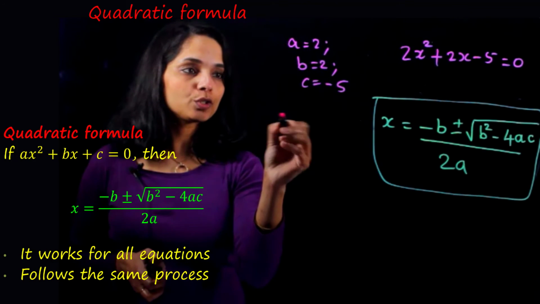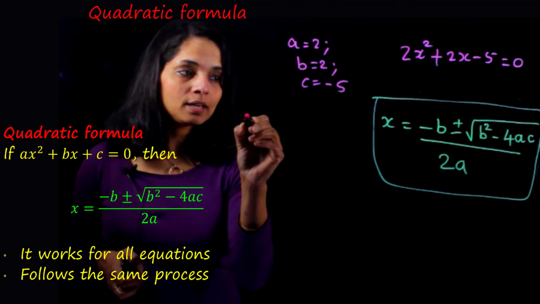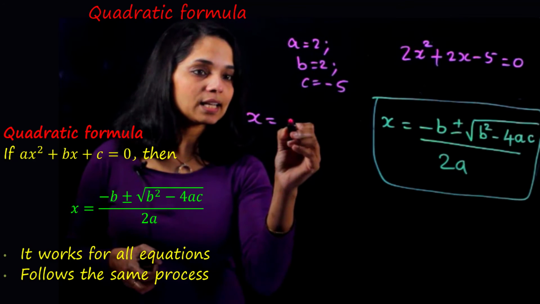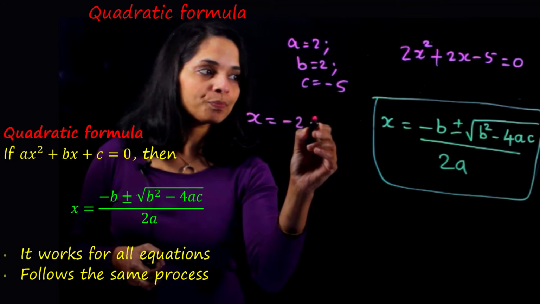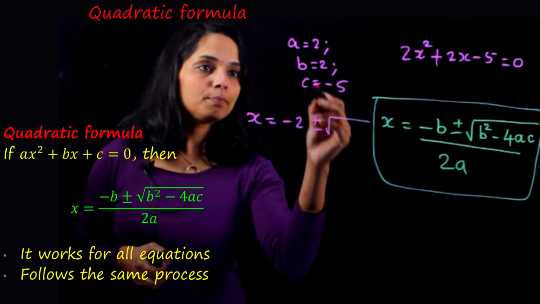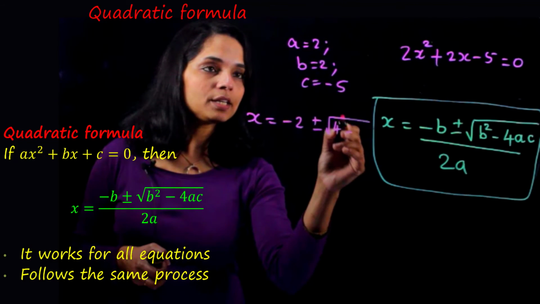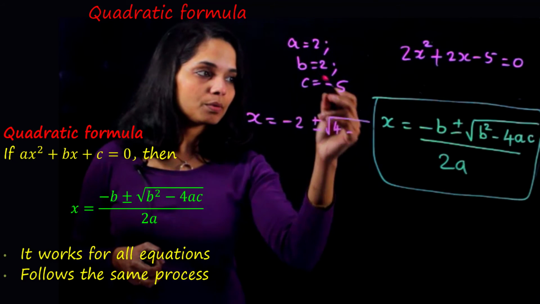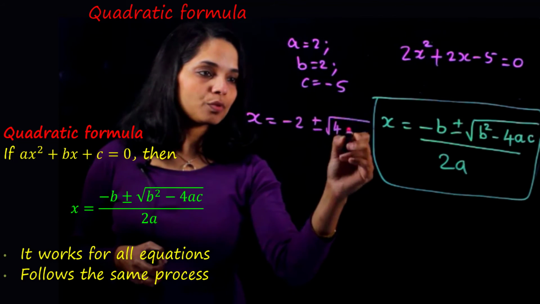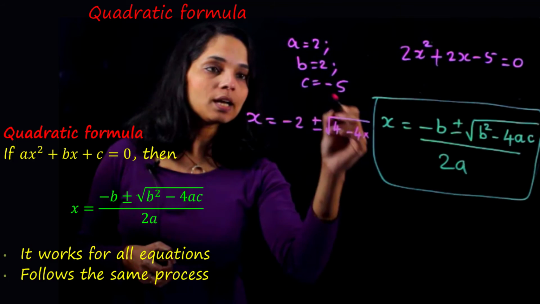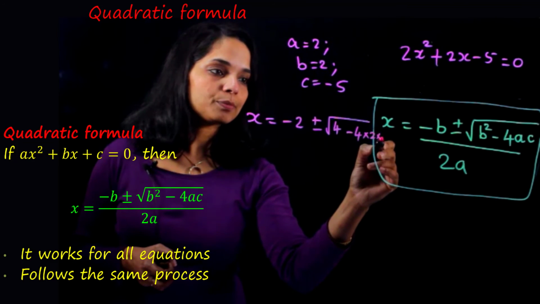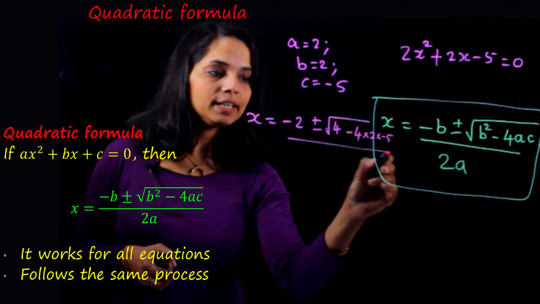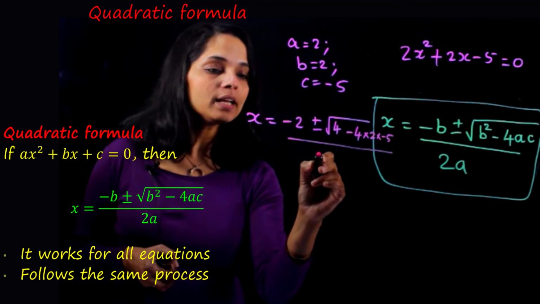When we substitute those values into the quadratic formula, we get x equals minus b, which is minus 2, plus or minus root b squared, which is 4, minus 4ac, which is minus 4 times 2 times minus 5, divided by 2a, which is 4.